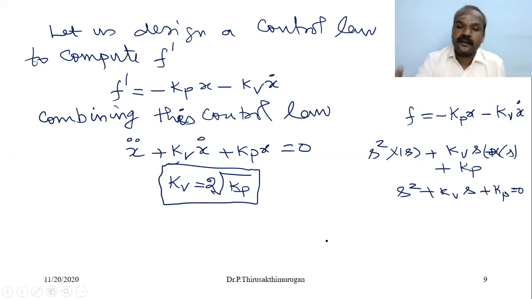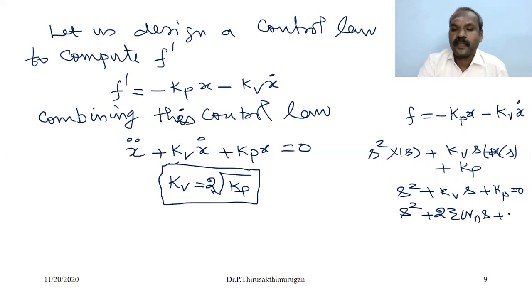For getting unity damping, what is Kp and Kv? You compare with the second order system, s square plus 2 zeta omega n s plus omega n square. What is omega n square? Kp. So omega n is root Kp, right?